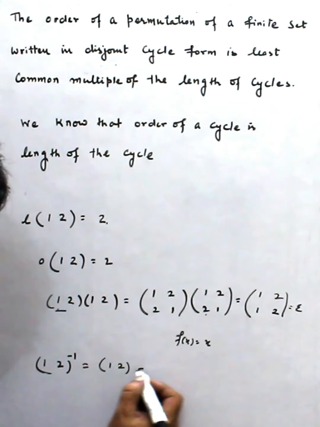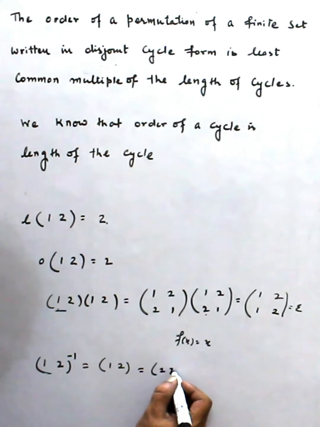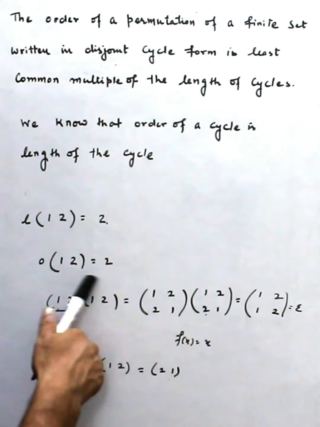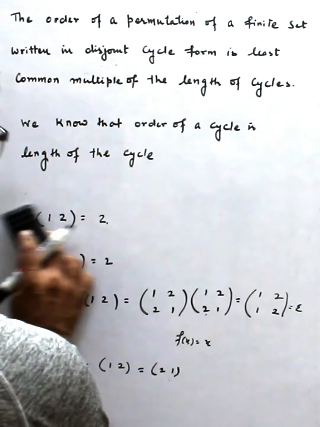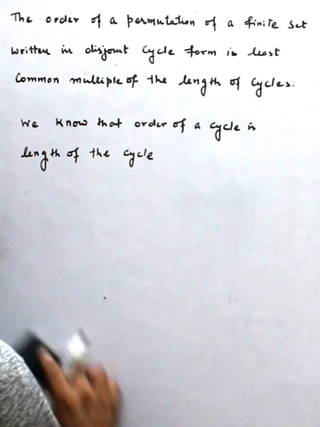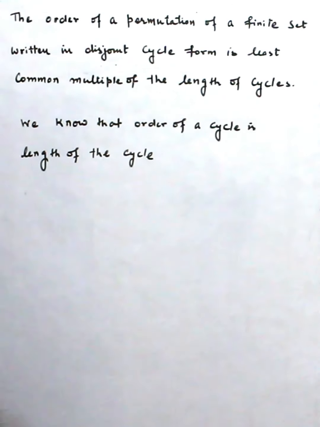Also because it is a 2-cycle, I can write it either way, no problem. In both cases the result will remain the same. Okay, so we know the length of the cycle.